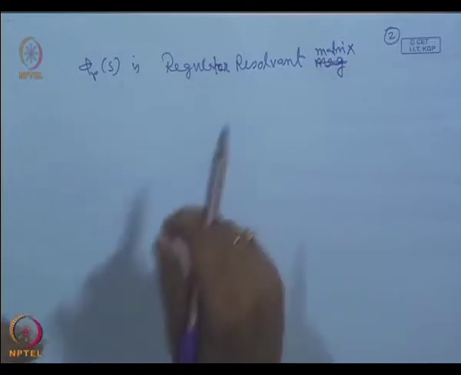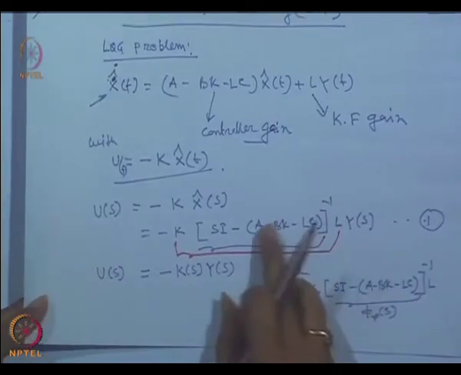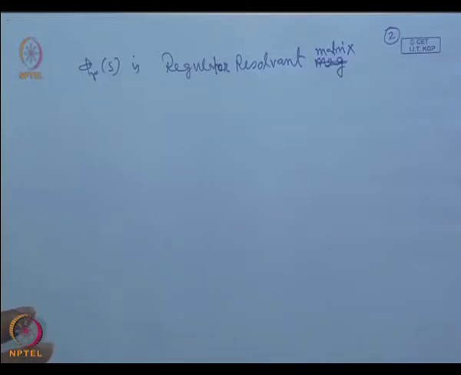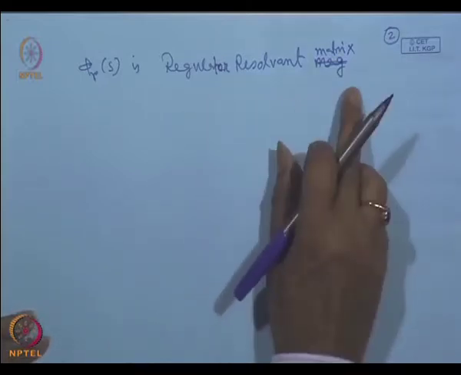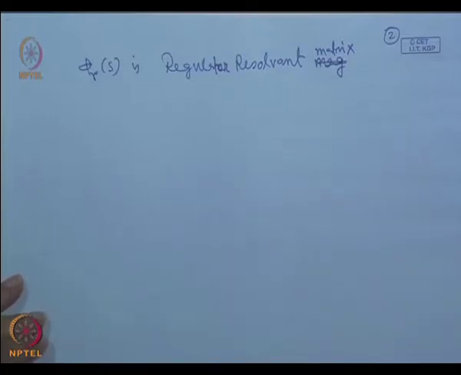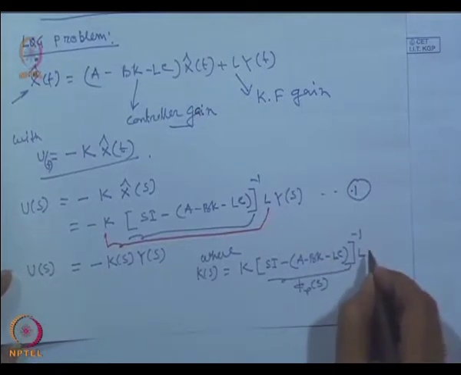Because the controller is there, the controller and observer gain matrices are also involved in this expression, which is why it is called the regulated resolvent matrix. Let us call this equation 2.